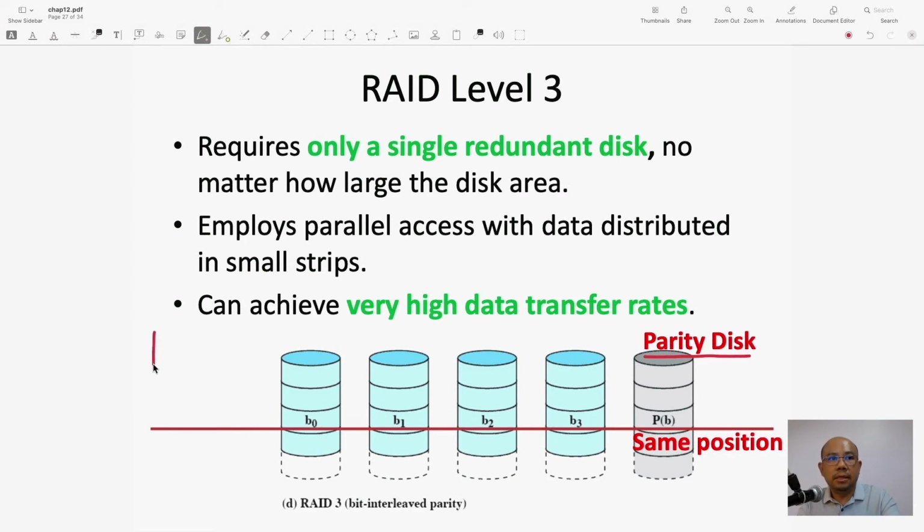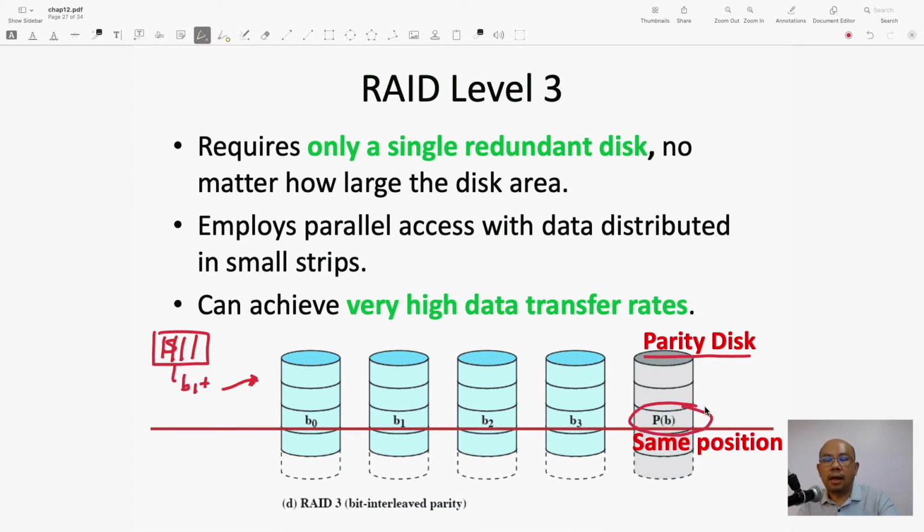The strip, which is a very large size, is cut into the bit level, and the bit sequence is written to the hard drives, using a parity bit check. The parity bit is kept on a hard disk.